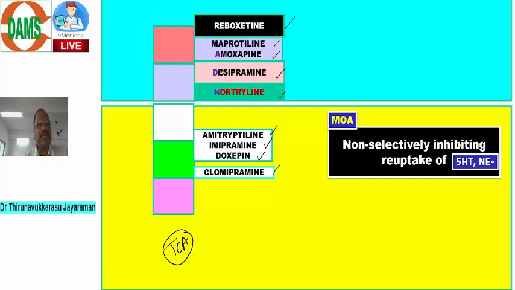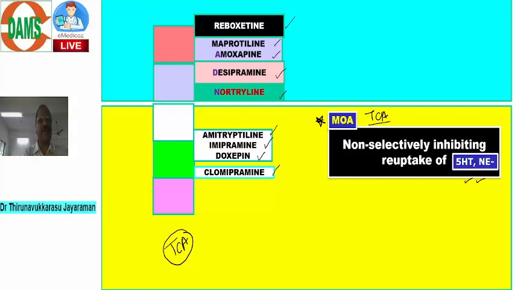All these are examples of tricyclic antidepressants. The common mechanism of action of all the TCAs is inhibiting reuptake of both norepinephrine and serotonin. So TCAs non-selectively inhibit reuptake of serotonin and norepinephrine.